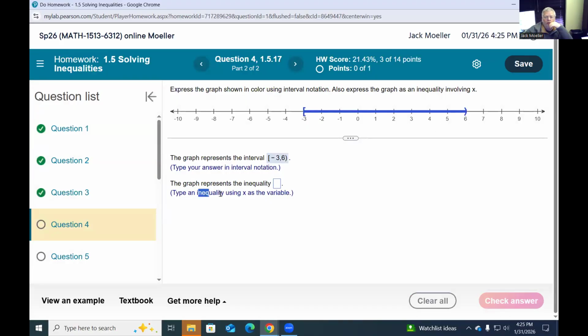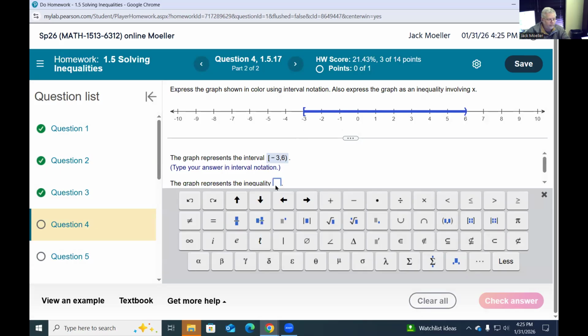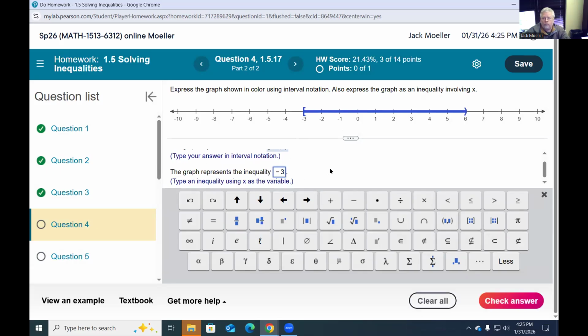Now type an inequality using x as a variable. Again, we have two numbers, so we need two inequalities. So x is going to be between these. Just start on the left: -3. Now with compound inequalities, it's always less thans. Is it less than or equal to?